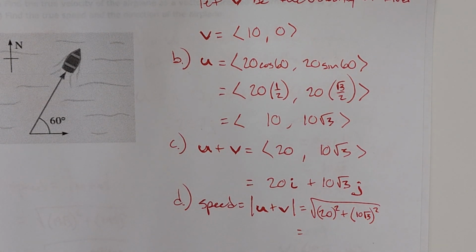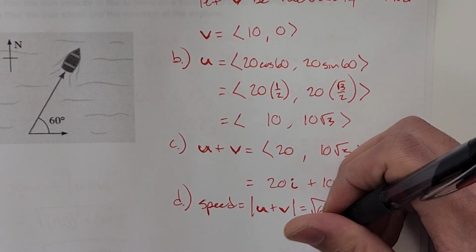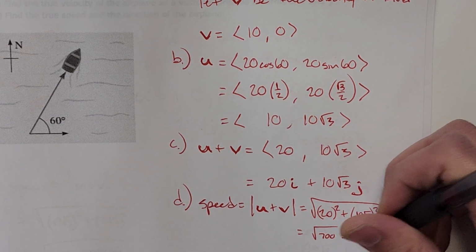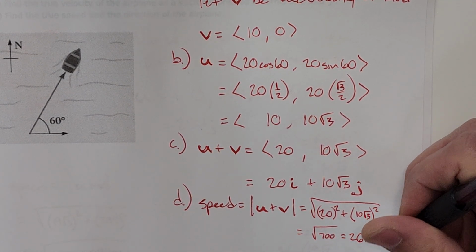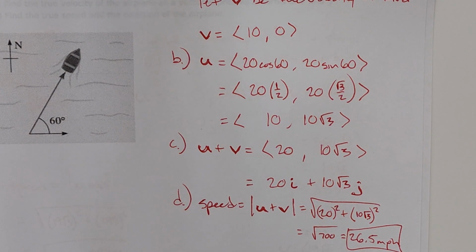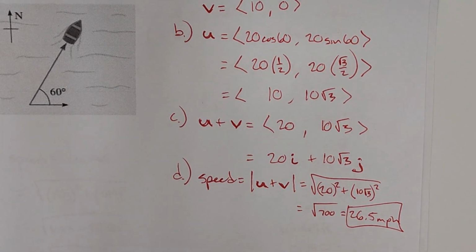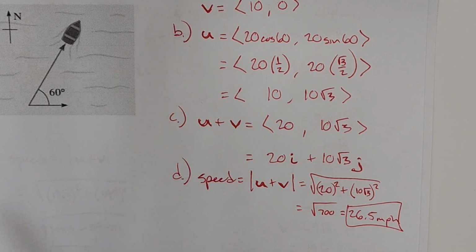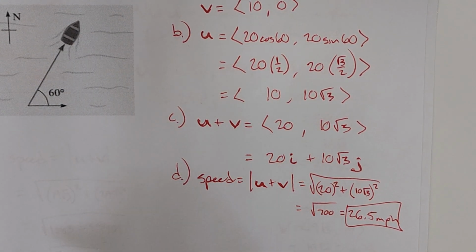Let's see. 20 squared is 400. 10 root 3 squared is 300. And so we get the sum, square root of 700, which is equal to approximately 26.5 miles per hour, which again makes sense in this context because the river is kind of helping the boat go a little bit faster. I'm expecting our answer to be a little bit faster than 20 miles per hour. So 26.5 makes total sense in this context.